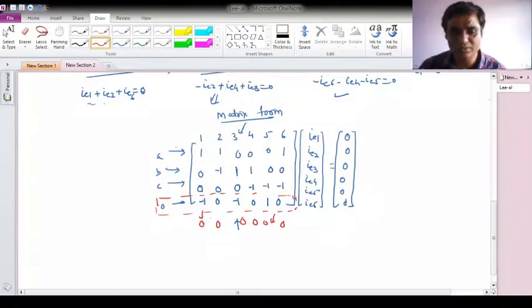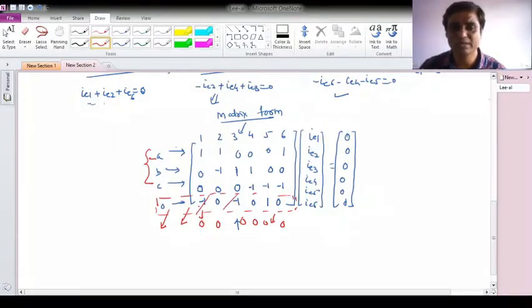So the last row is redundant. I can obtain it by the algebraic form of A, B and C. The equations at nodes A, B and C are independent, whereas this one is dependent.